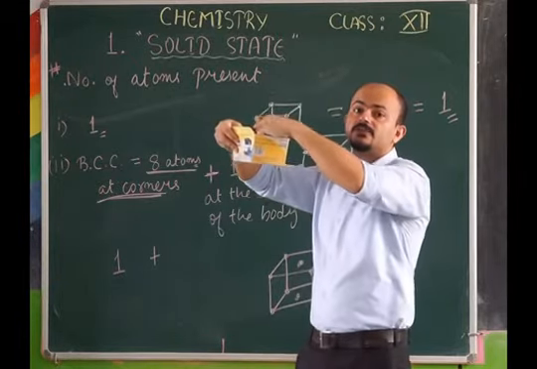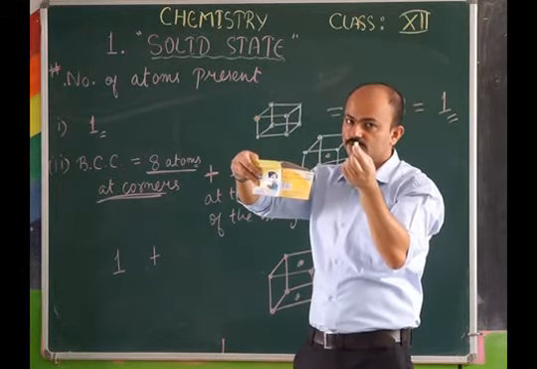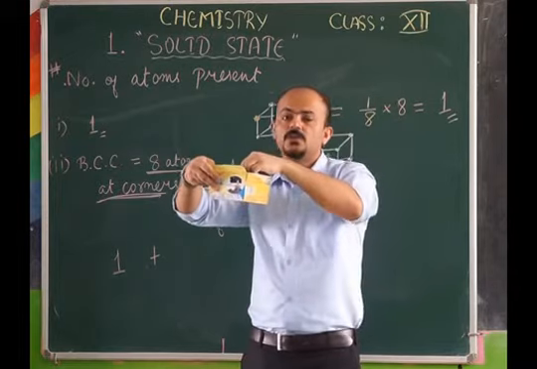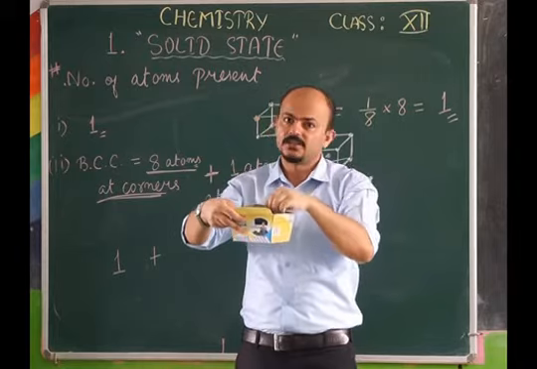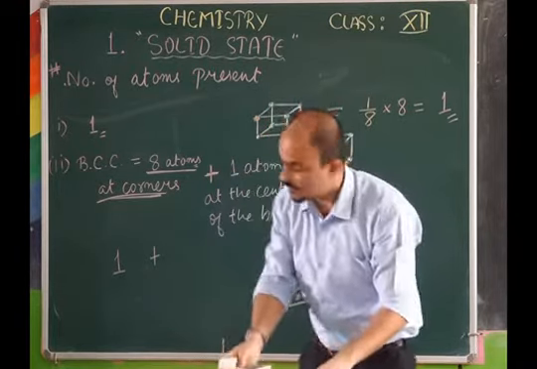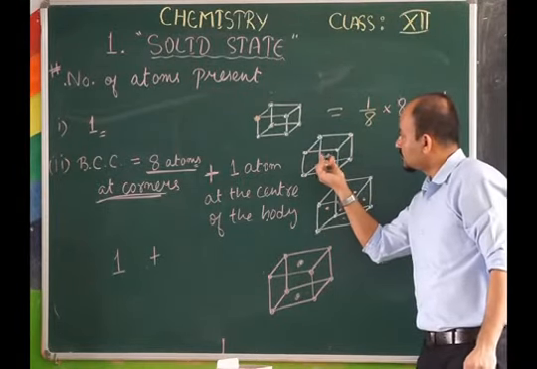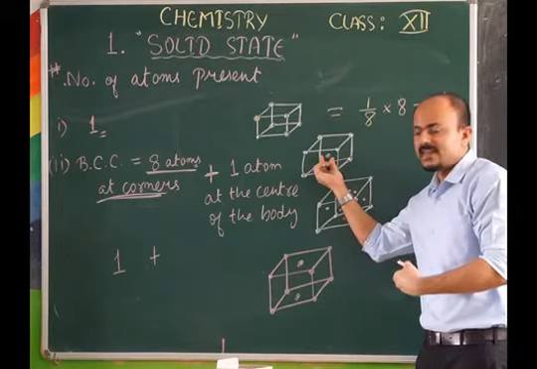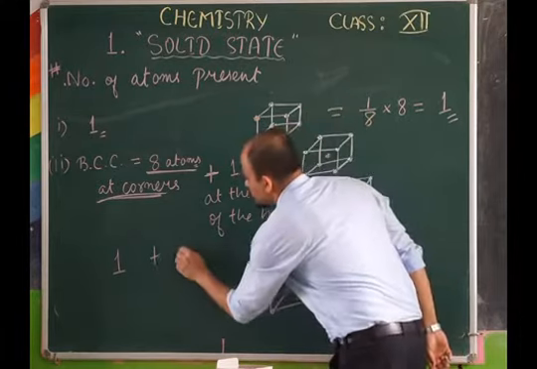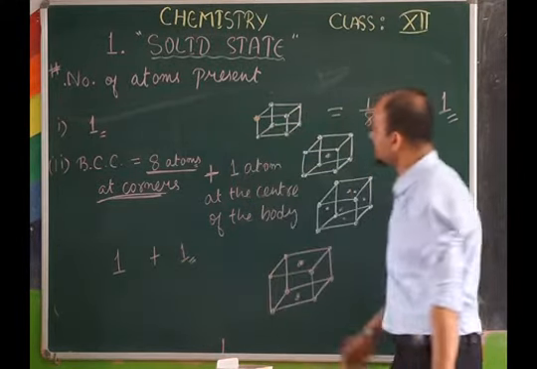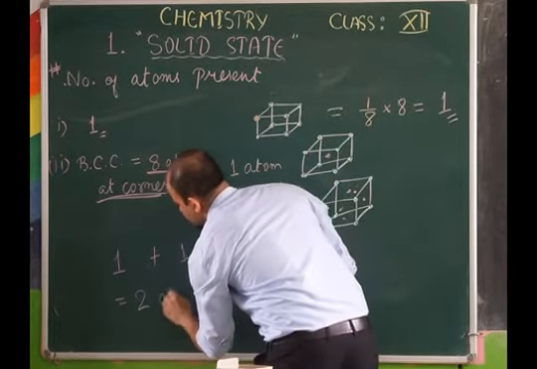Therefore, this constituent particle present within the body is its sole property, not shared with any other. Its total contribution to this unit cell is taken, and hence you have 2 atoms.